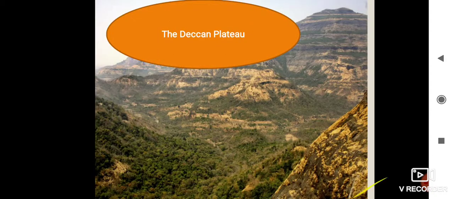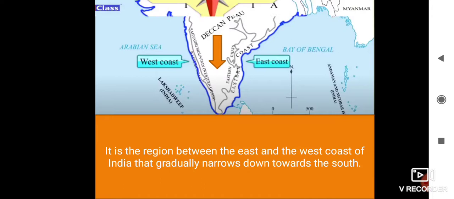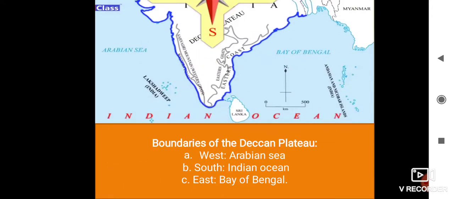The Deccan Plateau. It is a region between the east and the west coast of India that gradually narrows down towards the south. The boundaries of Deccan Plateau: to the west, we have Arabian Sea. To the south, the Indian Ocean.